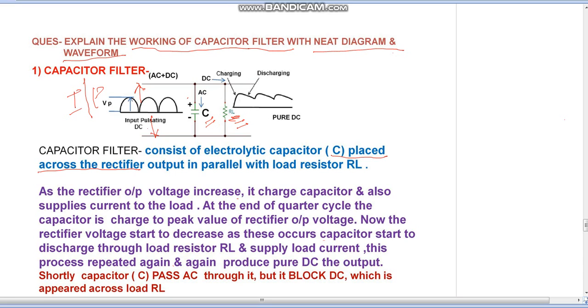Now how does this capacitor filter out the AC component from the rectifier output and provide pure form of DC to the load?